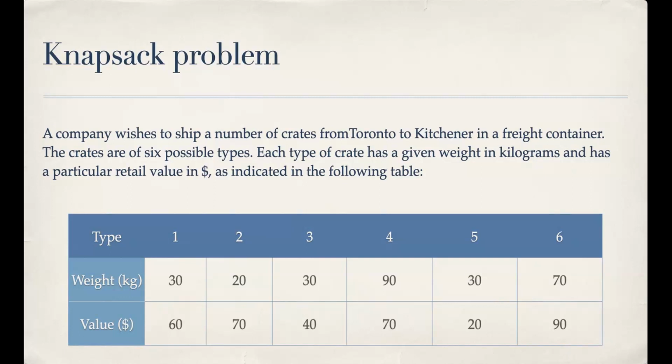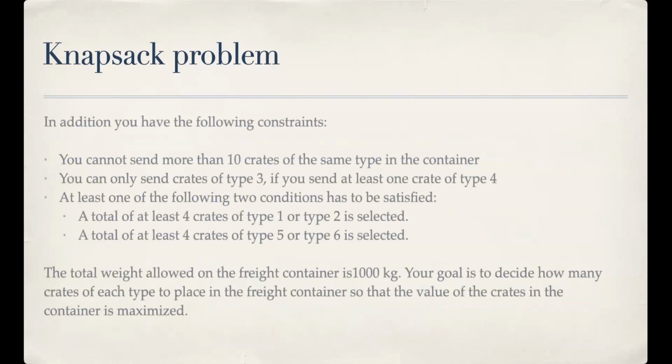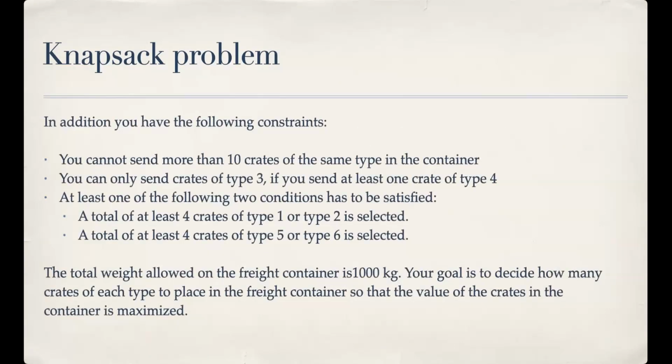For type 2, of course, it has different characteristics. Weight is 20 kilograms and the value is 70. We also have different characteristics for type 3, type 4, type 5, and type 6. So what is the problem? Well, we move from the constraint to the objective first, then we go back to the constraint.